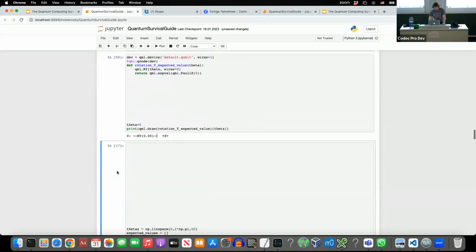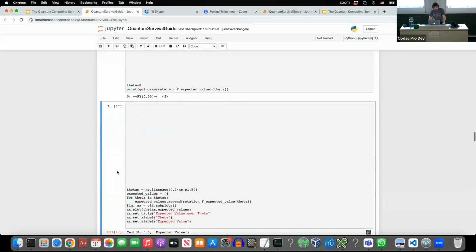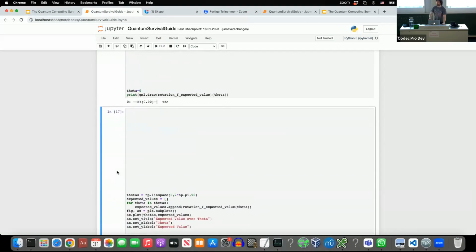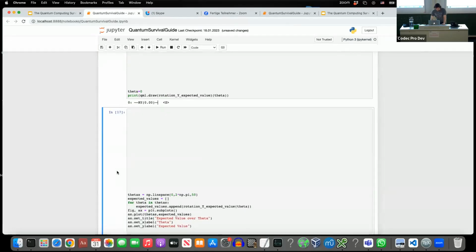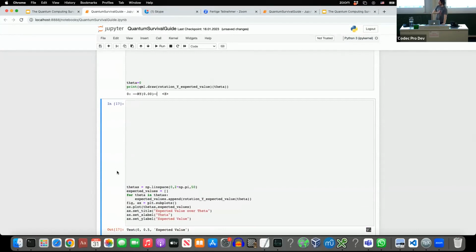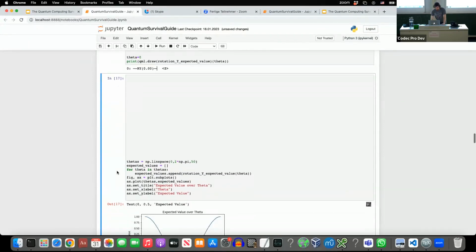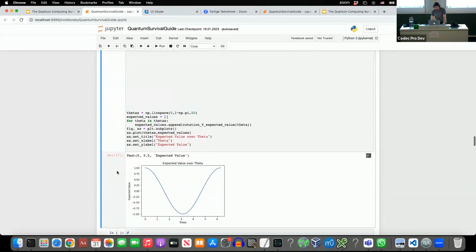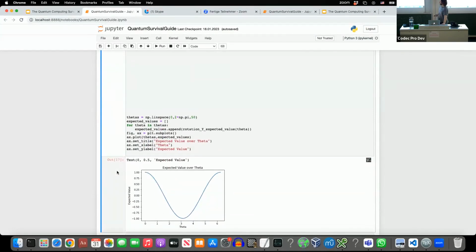But now what I want to do is see how the expected value of this circuit changes with respect to this tunable parameter theta. So I've previously written some Python code which should take the expected value of the circuit for thetas between 0 and 2 pi, and I want to graph out what happens.